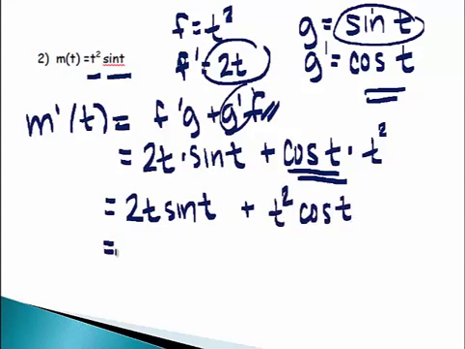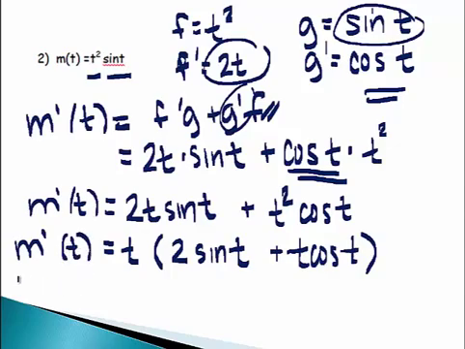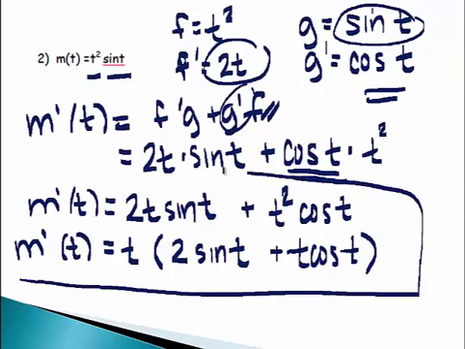And now, if I wanted to go further on this later on, hint, hint, we will be later on going a little further on these, I could factor out anything in common, which is technically a t. And that would leave me with 2 sine t plus t cosine t. But if you don't do that at this point, that's fine. You just got to remember that the reason we factor things out is to try and do something more with them.